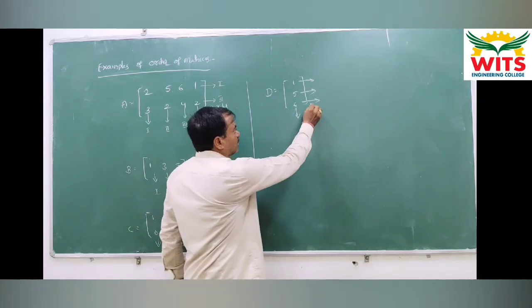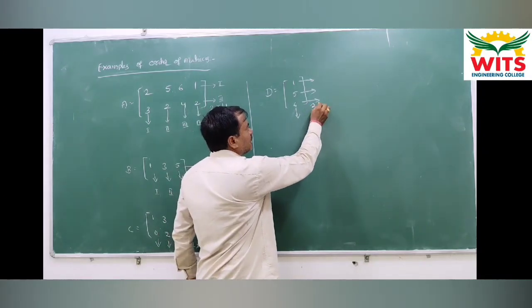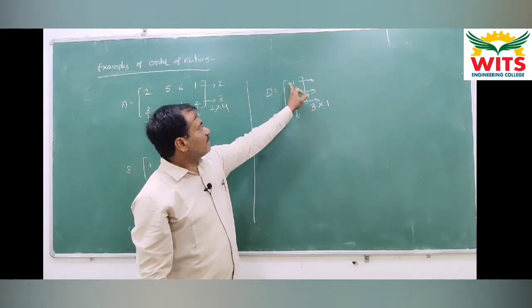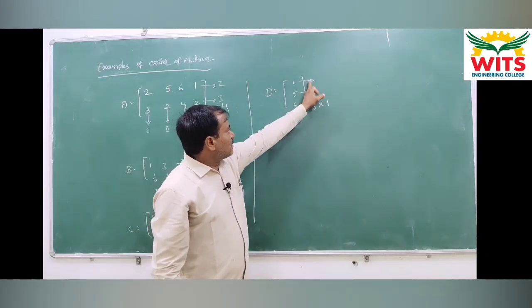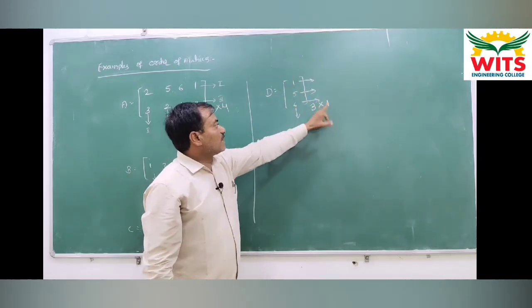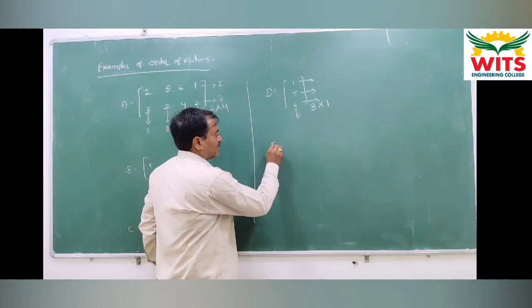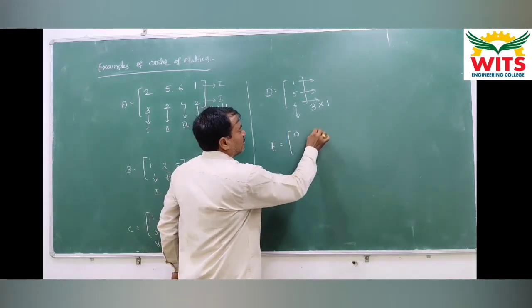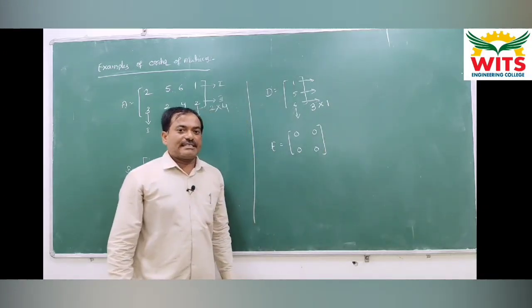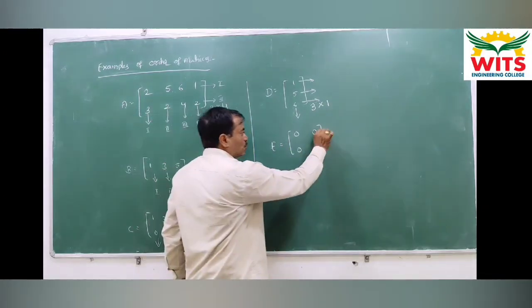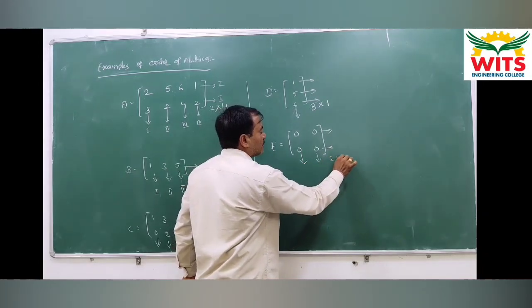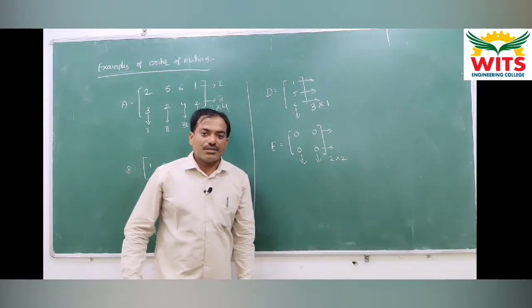So the order of this matrix is 3 by 1: 3 rows and 1 column. What is the order of this matrix? This matrix contains 2 rows and 2 columns. So the order of this matrix is 2 by 2.